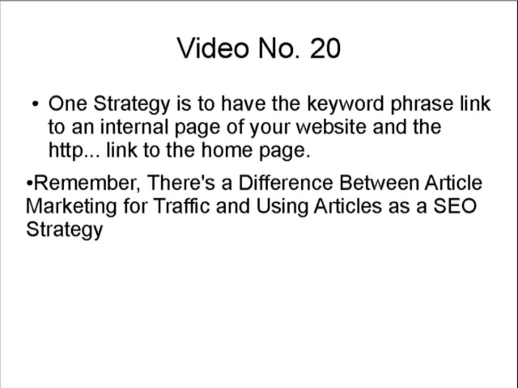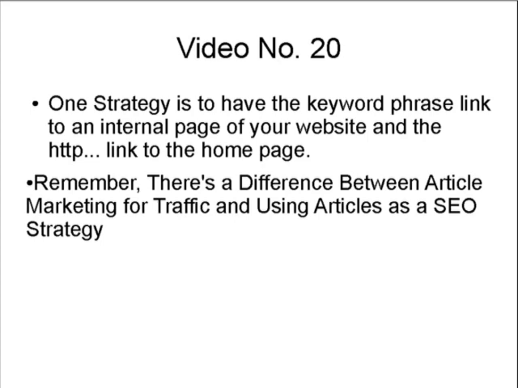Now, I want to talk about the difference between article marketing for traffic and using articles as an SEO strategy, because you'll see some information on both and you need to decide how you want to approach article marketing. One strategy is to have the keyword phrase link, like puppy dog training, go to an internal page of your website, and the HTTP link go to your home page.